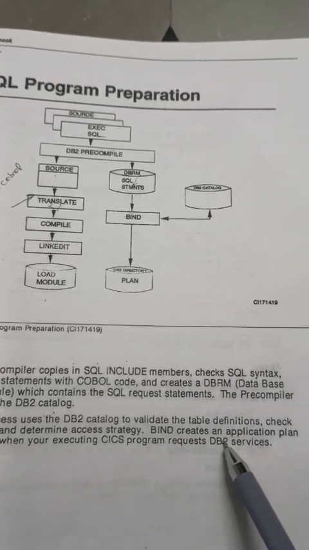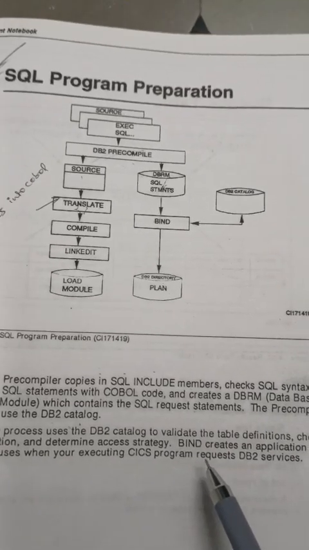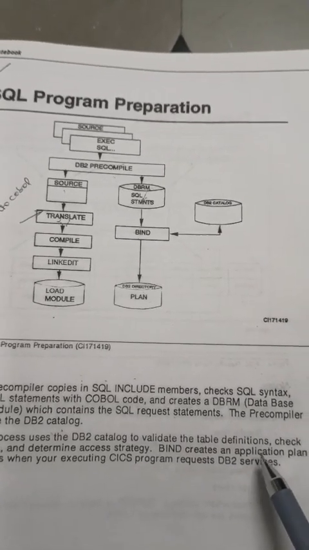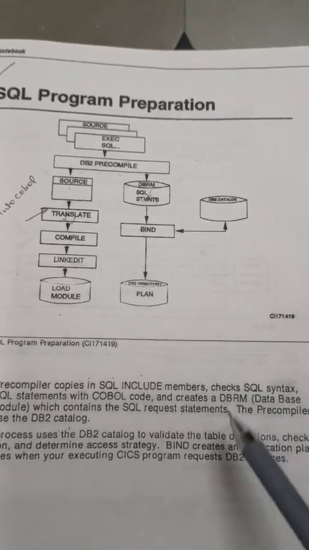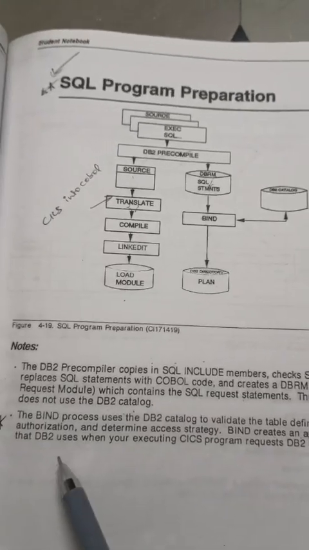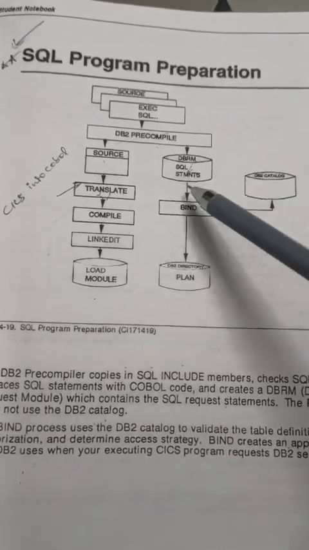The bind also creates an application plan that DB2 uses when executing the CICS program's requests to DB2 services. This is one of the most important points. The DB2 bind creates the application plan that DB2 uses when executing the CICS program.